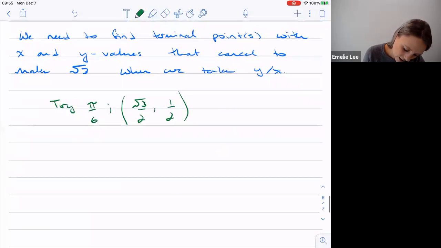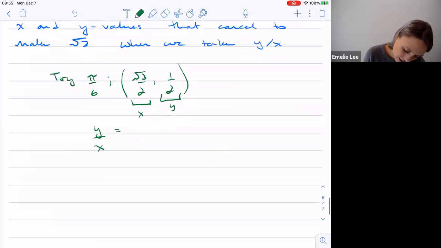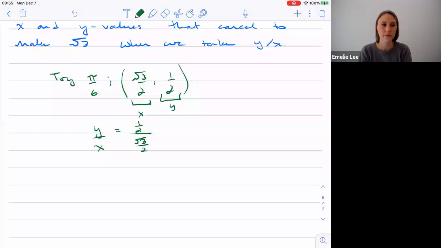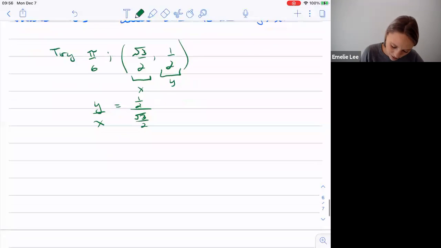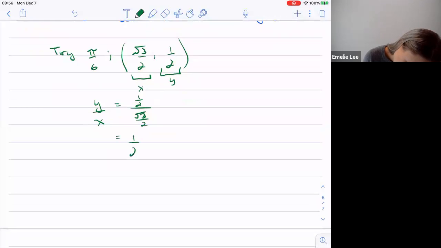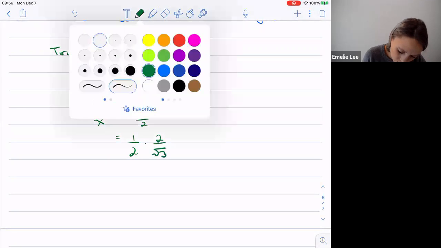Okay. Y over x, so here's my y and here's my x. Y over x is going to be 1/2 divided by root 3 over 2. Fraction over a fraction, so I'm going to flip the denominator and multiply. And so I get 1/2 times 2 over root 3. Close but no cigar.